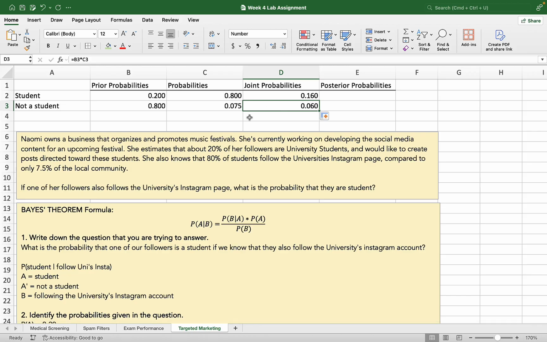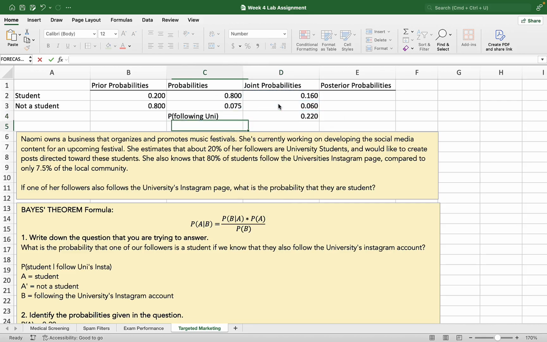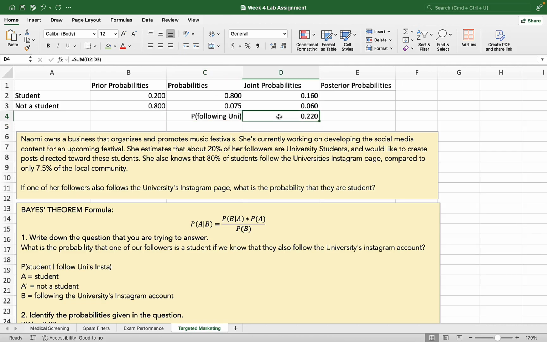And if we add them together, we end up with the probability of following the university's Instagram. And so we can basically see that from our followers, there's about a 22% chance that our followers also follow the university's Instagram account.